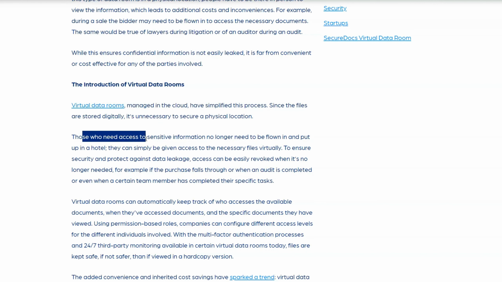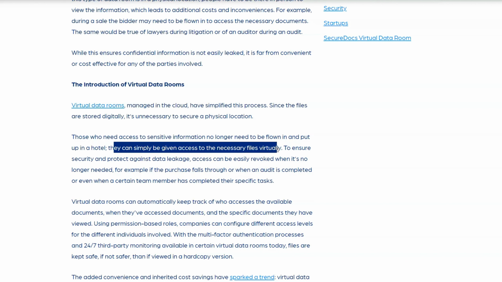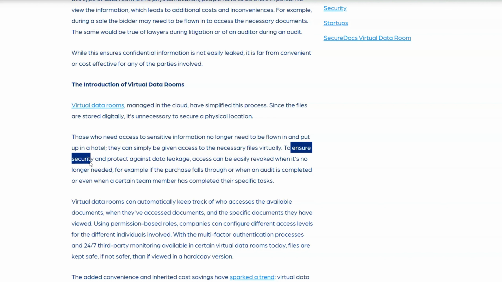Those who need access to sensitive information no longer need to be flown in and put up in a hotel. They can simply be given access to the necessary files virtually to ensure security and protect against data leaks.